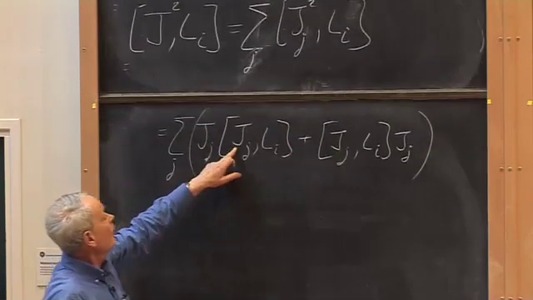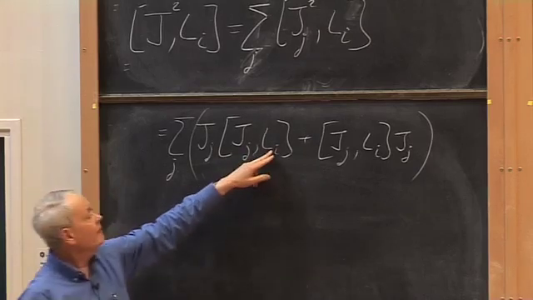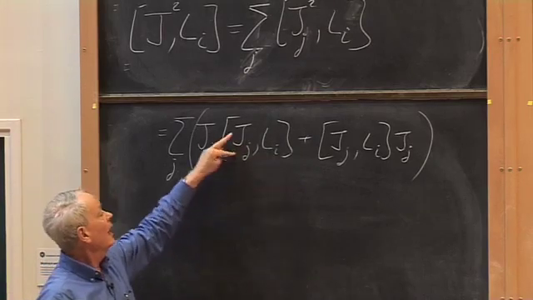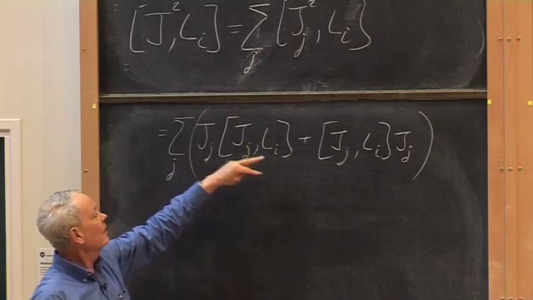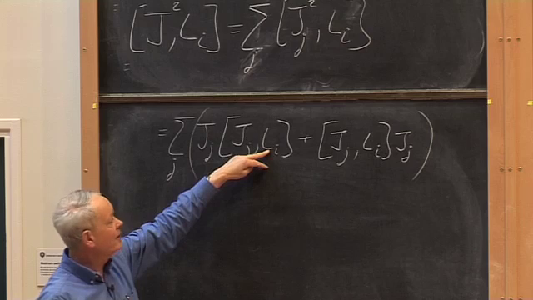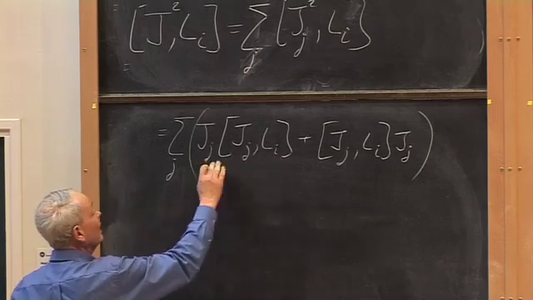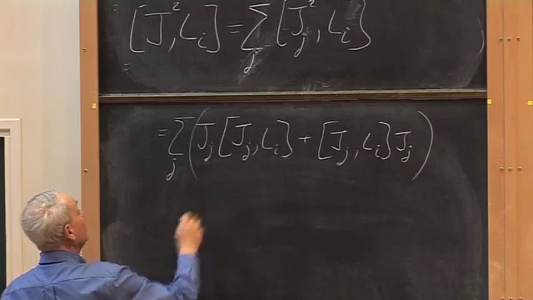Now we know what the result of this is because this is a vector, and we established last term what the commutator of J with the component of a vector is. It's going to be the third member. So this I can replace by an epsilon jik, say.